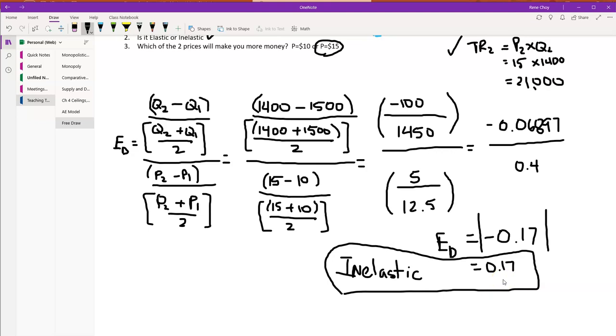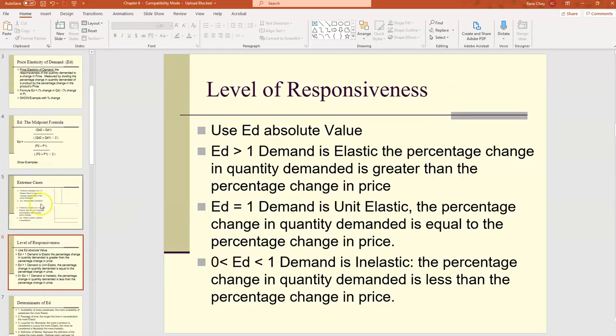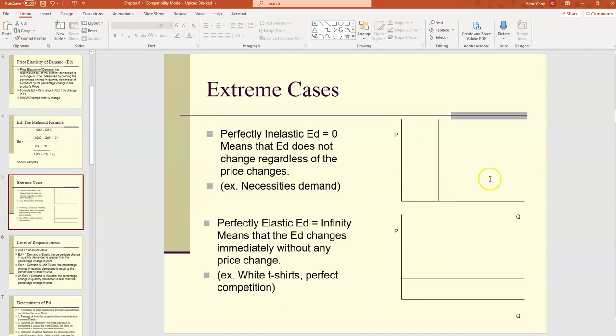Products that are more elastic should go on sale, because when the price drops, people buy more. These are two extreme cases of elasticity. Perfectly inelastic basically means that the line is a straight vertical line. Perfectly elastic means that the line is a straight horizontal line.